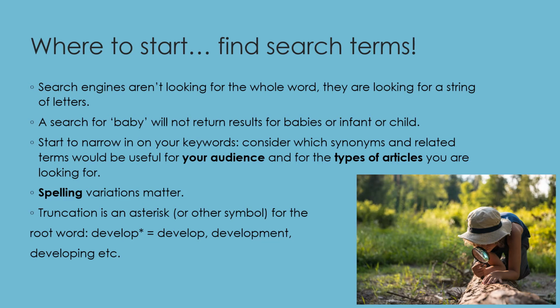You want to find the synonyms, but we don't want just any synonym. I'm not looking for babies. When you're looking for your search terms, you need to hone in on who your audience is. Is it your patient? Is it other professionals? Is it your dentist? Then you need to look for the types of articles that are for your audience.